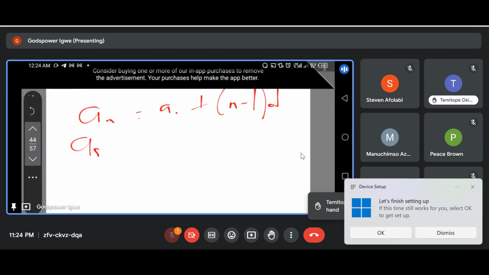So we go over here. Our a8 is equal to the initial 2 plus (n is 8, minus 1) times d.